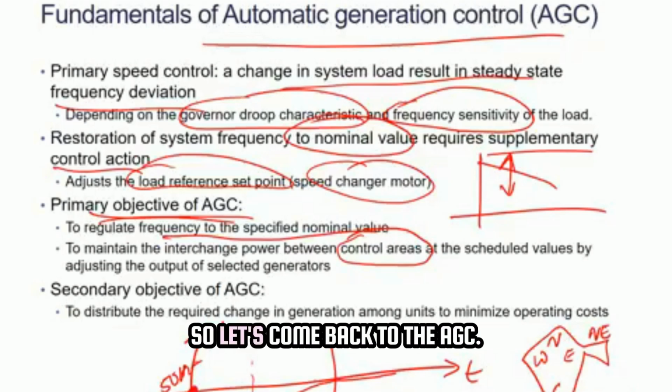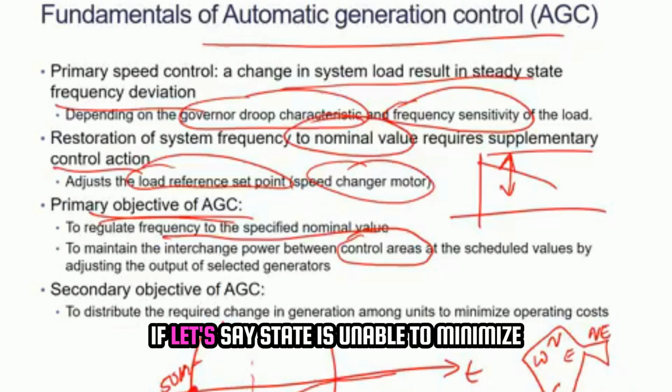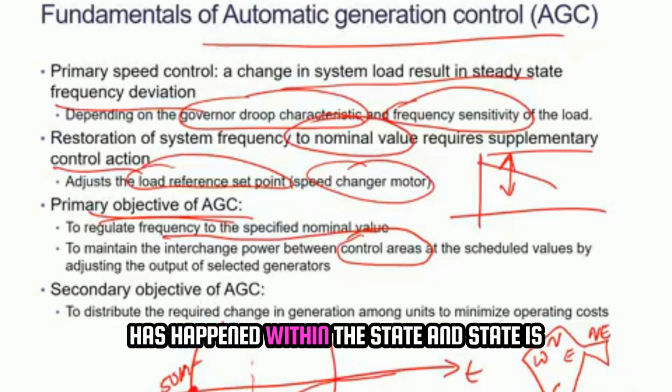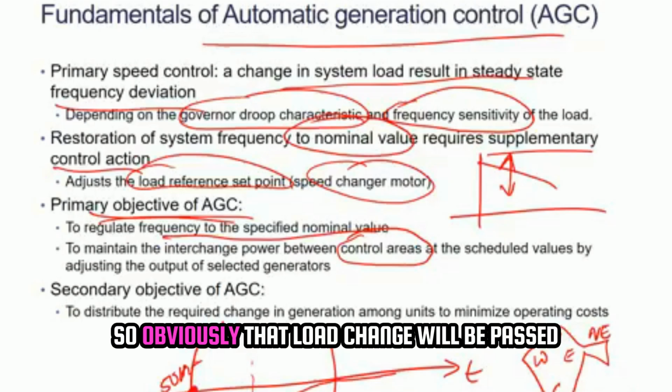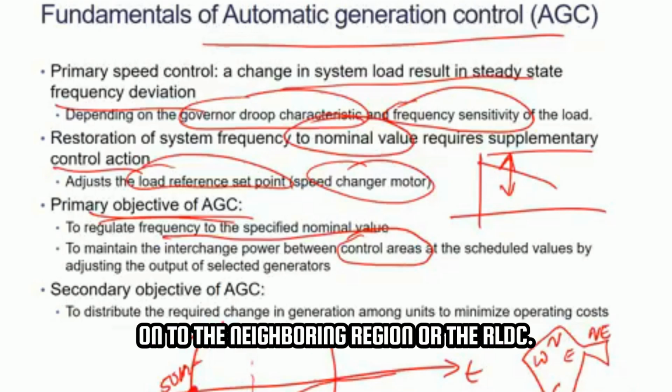So let's come back to the AGC. The goal of AGC is to minimize the error. Let's say some load change has happened within the state and the state is unable to satisfy that load change, so obviously that load change will be passed on to the neighboring region or the RLDC.